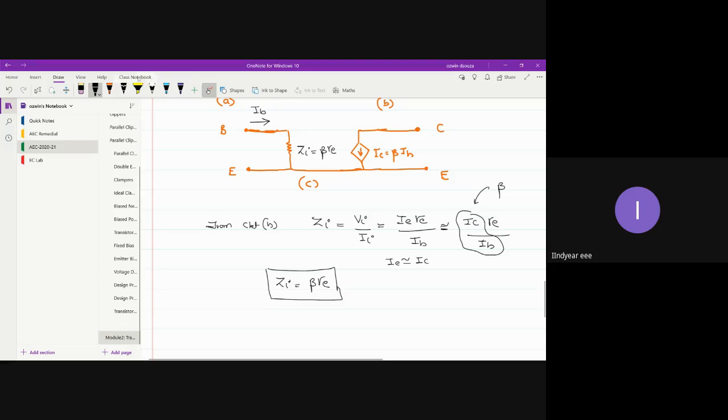Now in your equivalent circuit, sometimes we also introduce the output impedance. This is R naught, which is equal to the output impedance.